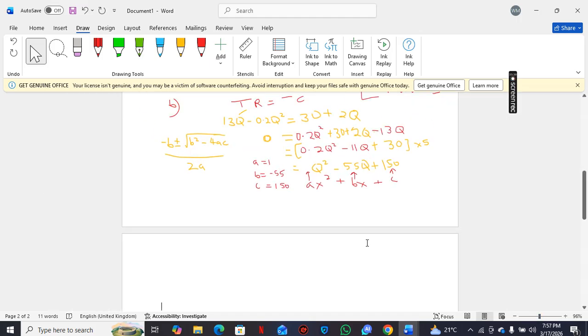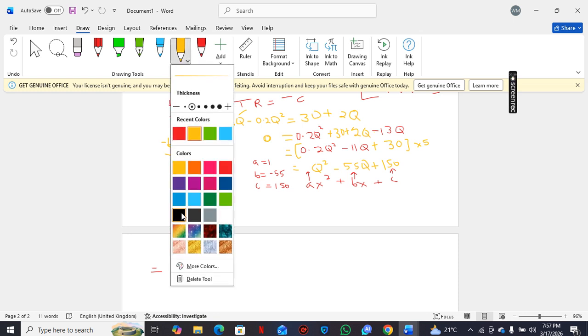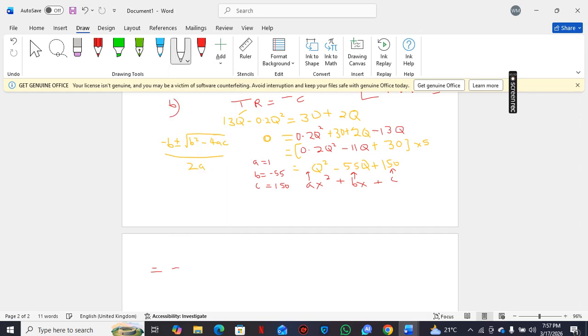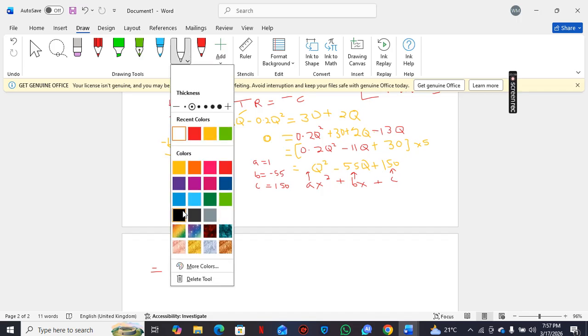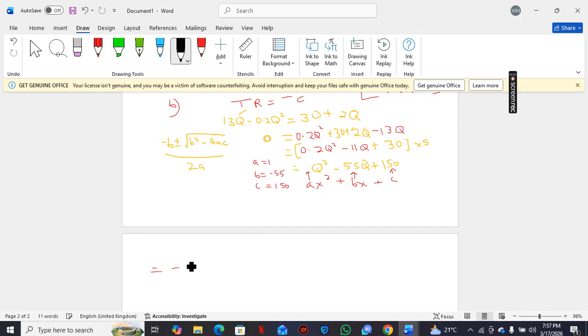Okay, so we just substitute in our quadratic equation. Negative b, and b is negative 55, so you put negative, in brackets, negative 55. Always take note of the signs, okay, colleagues? Because this is where it gets a lot of students.